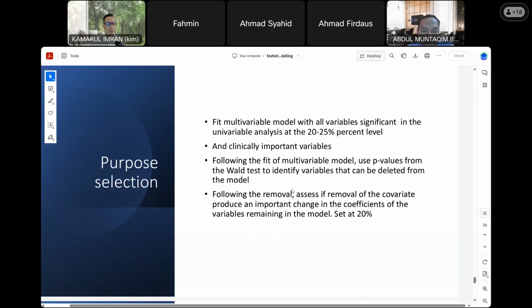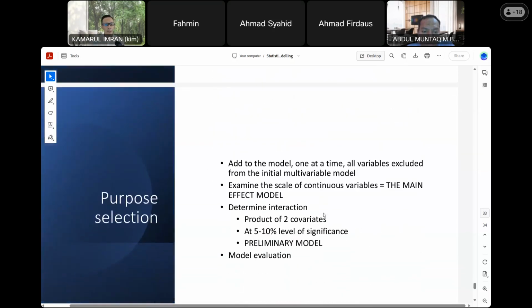Even dalam Hosmer Lemeshow, dia tak cakap pun stepwise sebenarnya. Dia cuma cakap okay, understand and then remove, and once you remove, you check other variables macam mana dia punya effect kan. Right. And then you get the main effect model and then you check interaction.